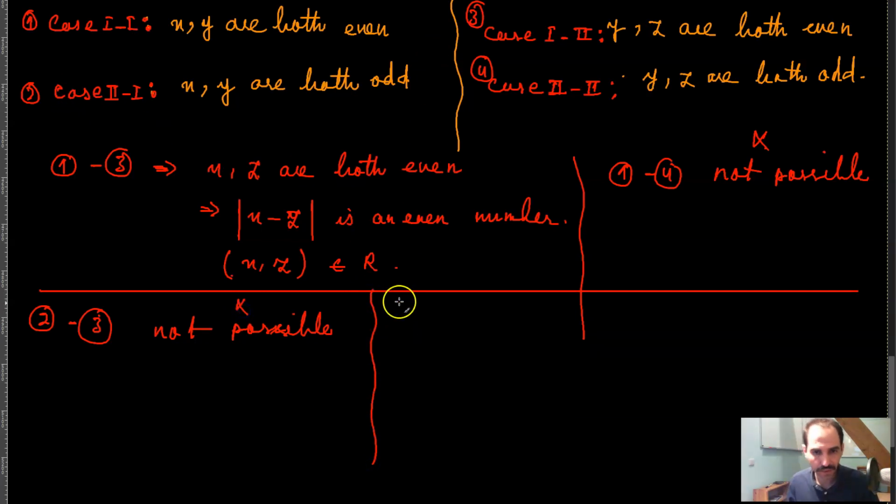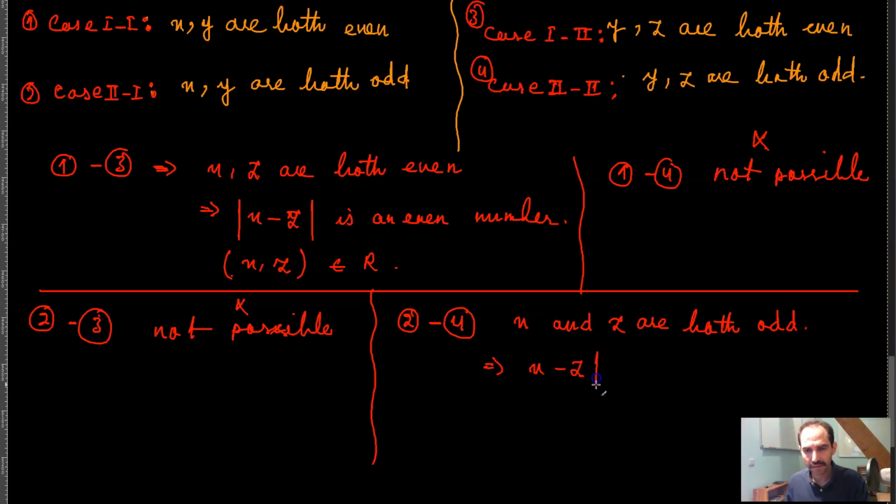If I consider 2 with 4, what I have here is that basically x and y are both odd, and y and z are both odd, which there is no problem with that. And what that means is that then x and z are both odd. Which implies that x minus z, or you can say the absolute value of that, is an even number.